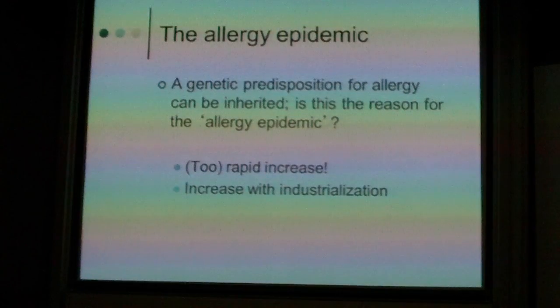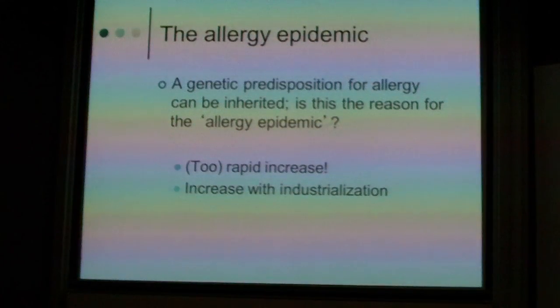So what about the discussion of why there is more allergy in this period, in this decade, we can say, or even this century? Well, we know about genetic predisposition for allergy. It can be inherited, but is this the reason for the allergic epidemic? Basically not, because genetic differences in evolution come up slowly.